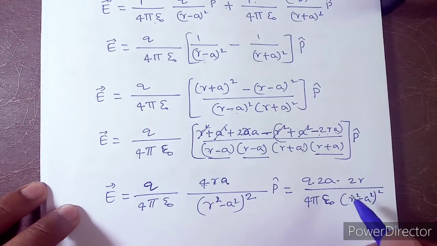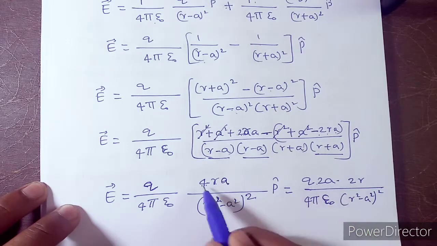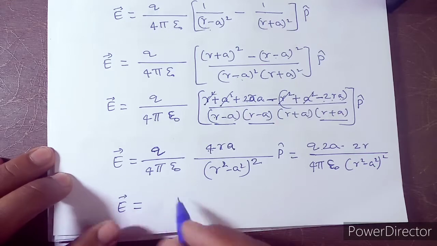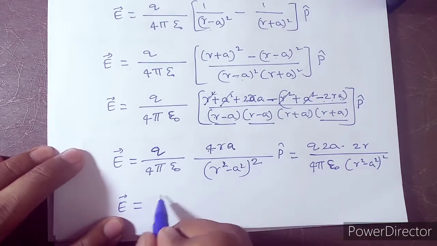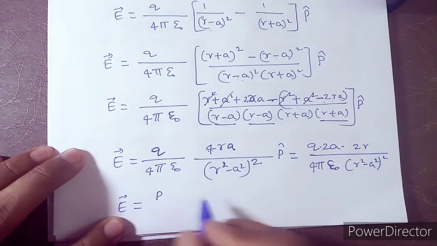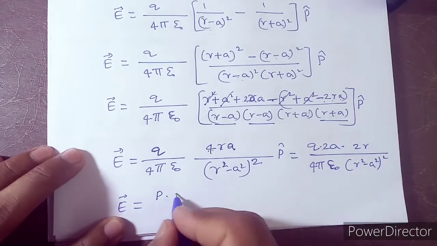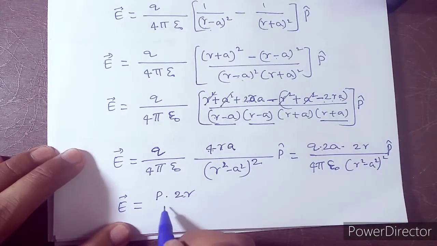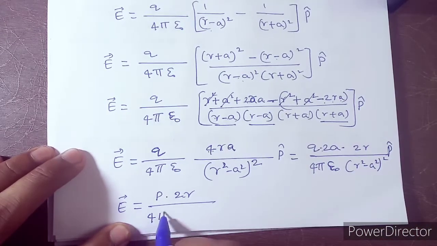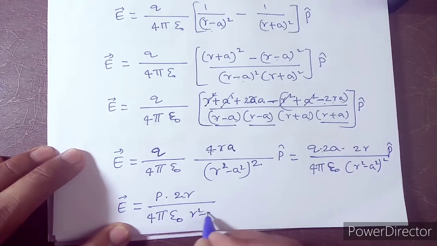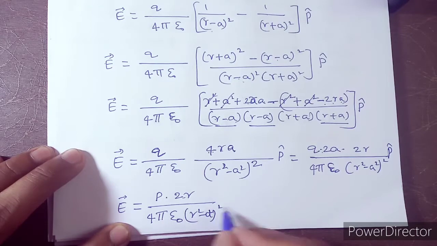Okay, so if you multiply this, you will get the same thing. Then E will be equal to this Q into 2A, which is nothing but dipole moment that we have already studied, P into 2R. Here we will be having P cap. So 2R divided by 4 pi epsilon naught (R square minus A square) whole square.